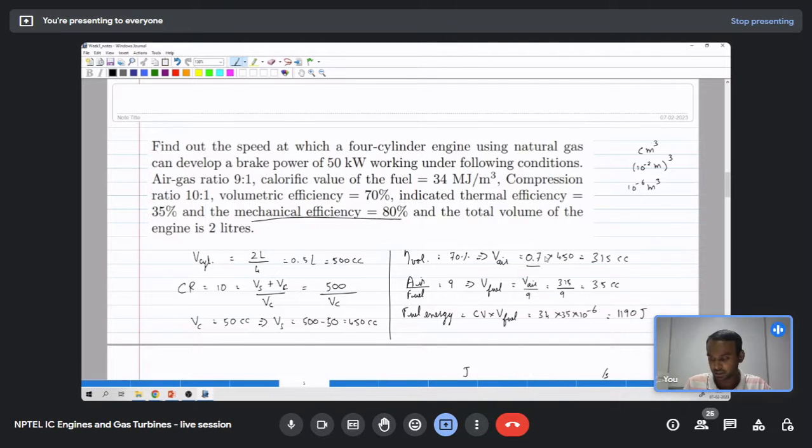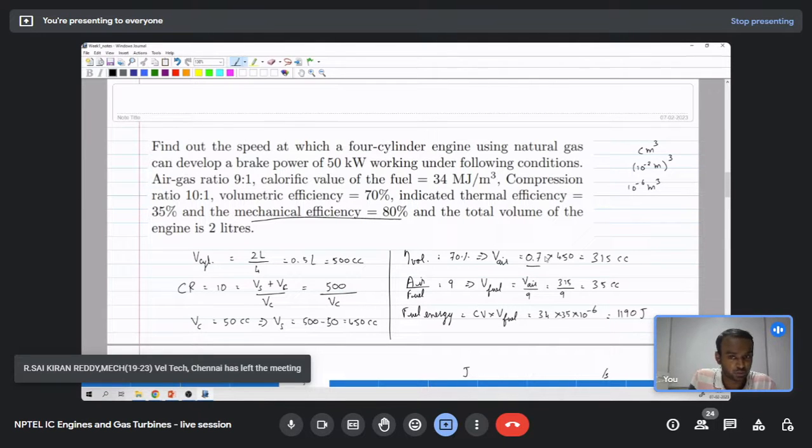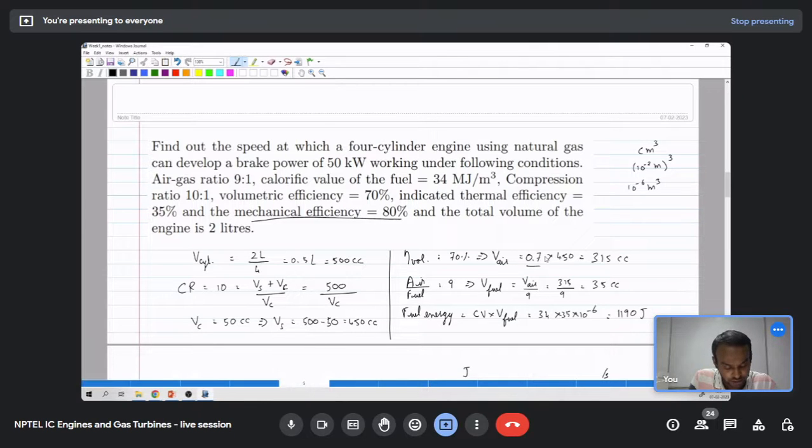Now we know that the air gas ratio is 9, and here the gas is the fuel. So volume of fuel is volume of air by 9, that is 315 by 9, which is 35 cc. Using this, we can calculate the fuel energy going inside the cylinder for every cycle, that is calorific value into the volume of fuel, which is 1190 joules.